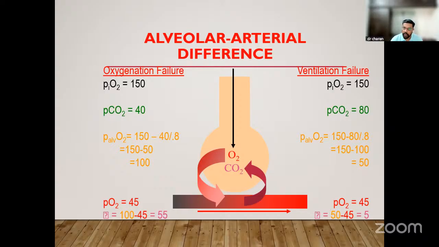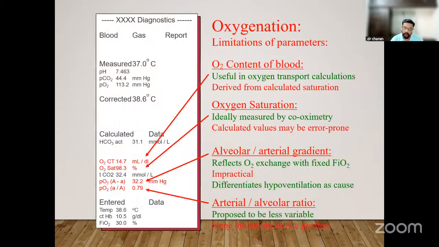You see the AA gradient, that is the alveolar arterial PO2 gradient, which is given in your ABG. If it is normal, that is 5 to 10, but still the patient is hypoxic, it can be a ventilation failure. If the patient is hypoxic with a high alveolar arterial gradient, it means there is a problem with your oxygenation or an alveolar problem. So this is one perspective which can be used to find out the reason for hypoxia.